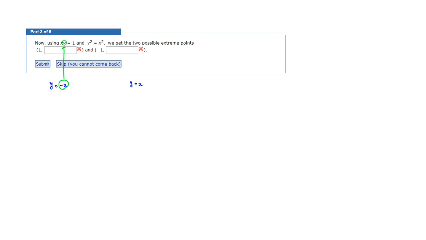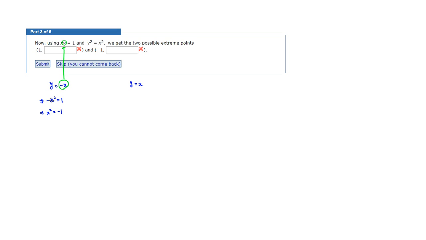x times y, but y is negative x. So you're going to get negative x squared is equal to 1. But this has no real solution, because you would have to get x squared equal to negative 1. There's no real number that satisfies that, because if you square it, it's always going to be non-negative.